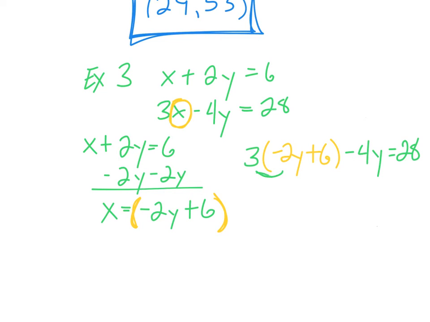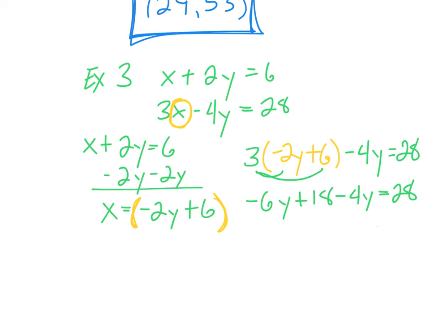Distributing that 3 through my parentheses gives me -6y plus 18 minus 4y equal to 28. From here I am combining some like terms, this -6y and this -4y.